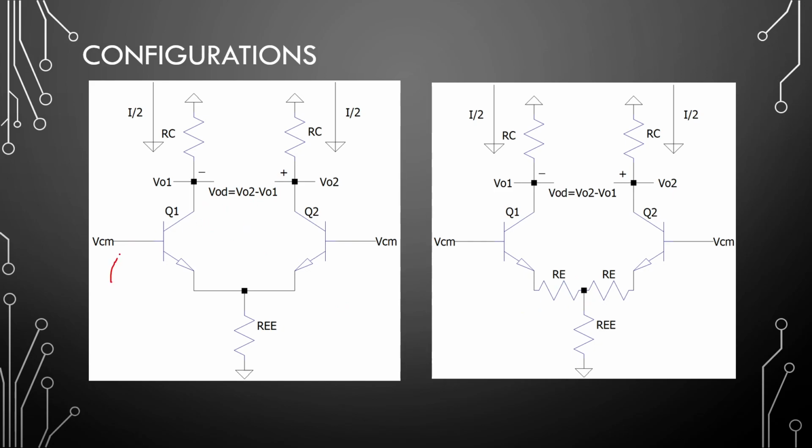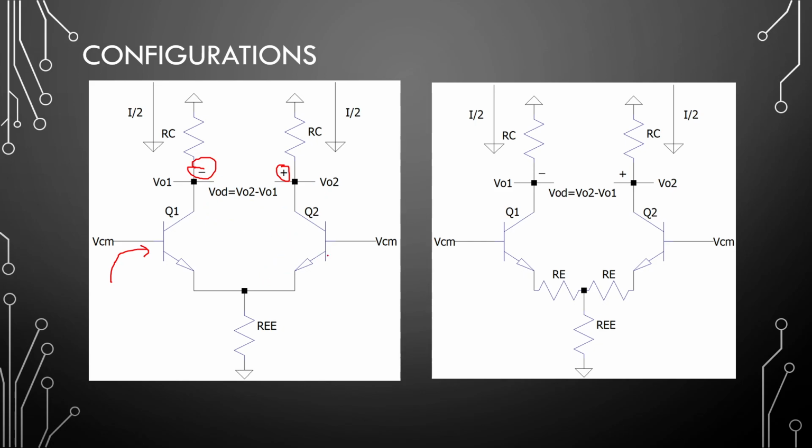So if we use this input as our non-inverting, this will be our non-inverting output, and this will be our inverting output. So from our MOSFET configurations to our BJT configurations, these definitions are still the same.